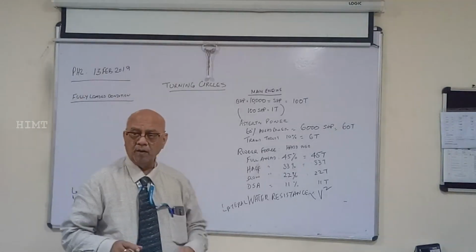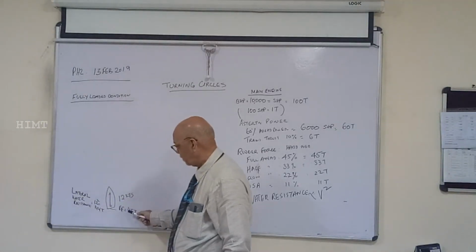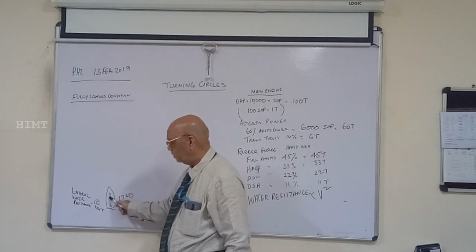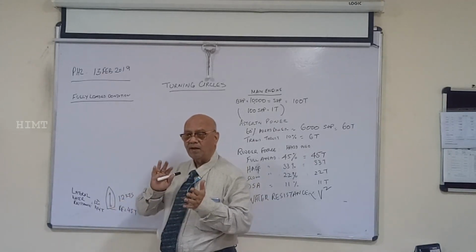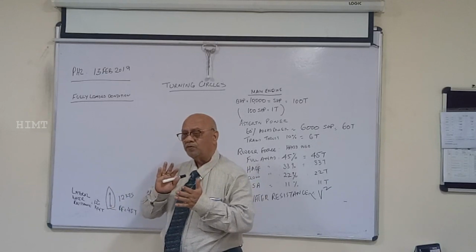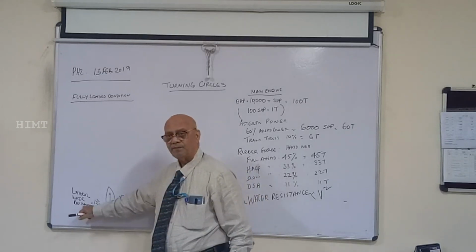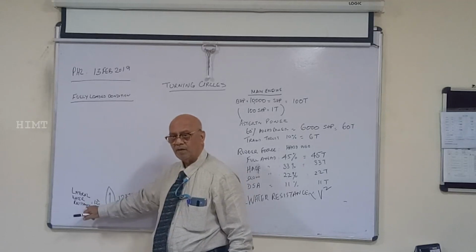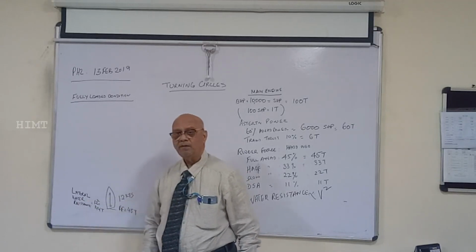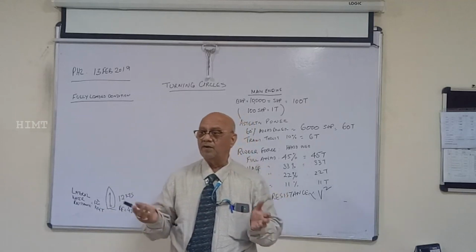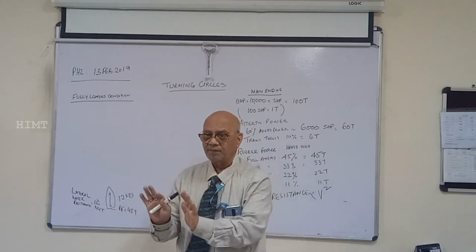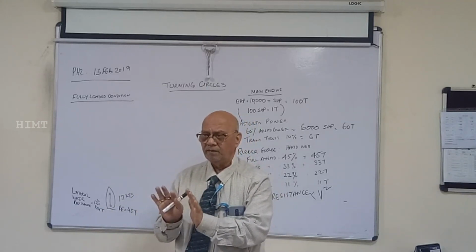Now, rudder force into turning lever is the force trying to turn the ship. And 144 tons of water resistance is resisting it. Alright?